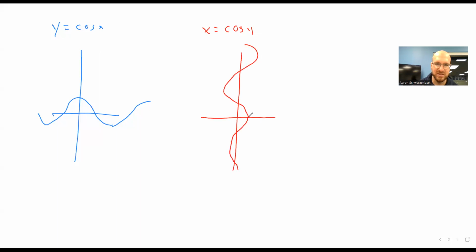Keep in mind that this is not a great sketch, but that's okay. You get the idea of the wave here. So I restrict, and I keep that part of the cosine, or this part.